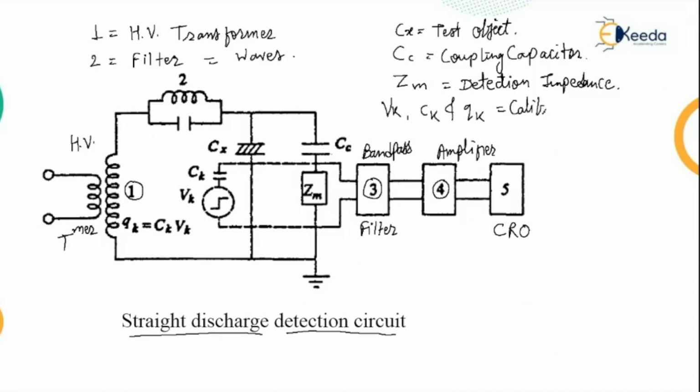The calibrating pulse is Vk, the calibrating capacitor is Ck, and the calibrating charge is Qk. A pulse means a voltage pulse, that is V, capacitor means C, and charge means Q. The abbreviation K only indicates calibrating.